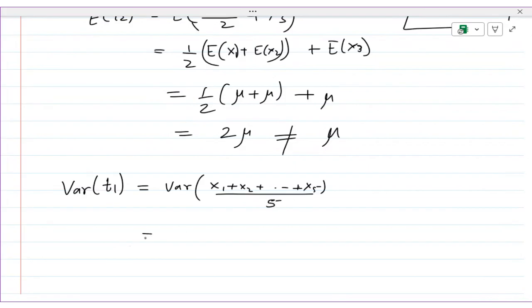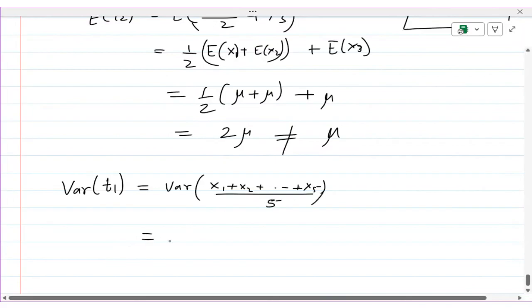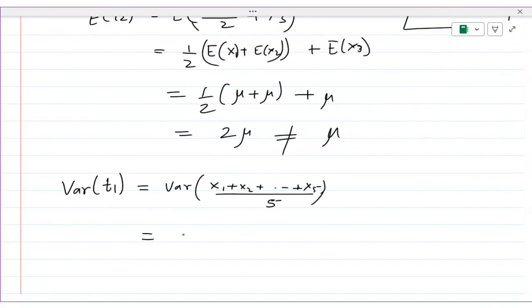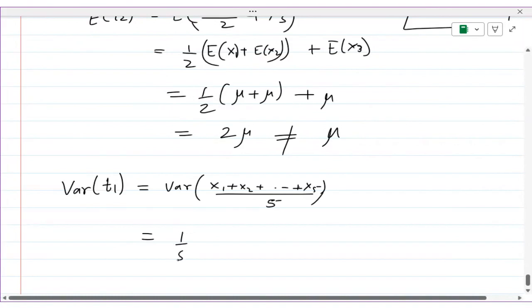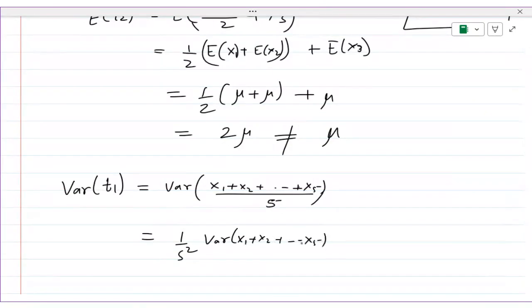So 1 by 5 is a constant. But if you take a constant out of variance, the constant does not come out. The square of the constant comes out. Variance of x1 plus x2 plus up to x5. So this property I have used: variance of ax is equal to a square into variance of x.